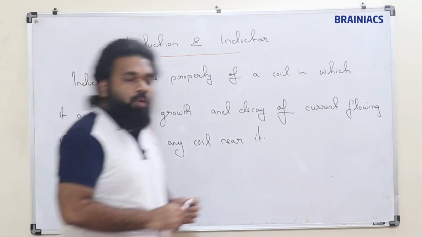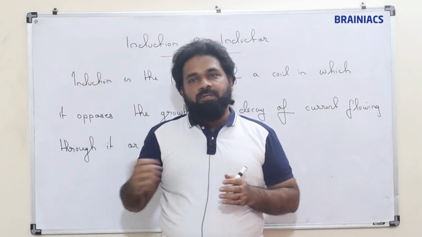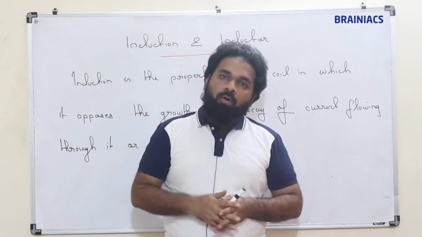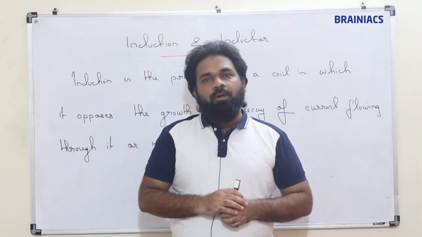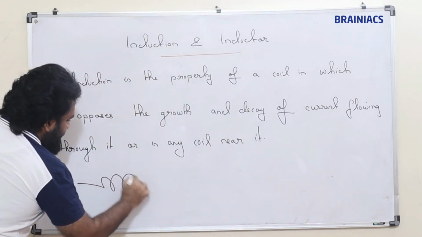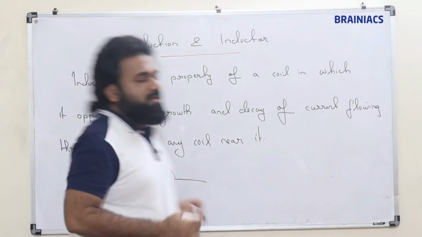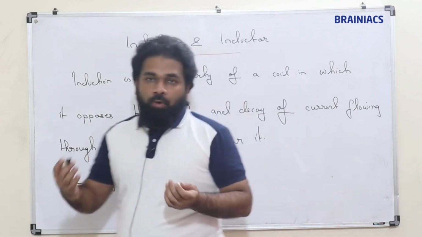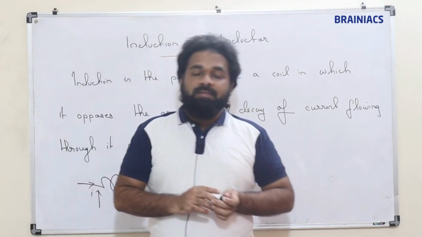Now what they are saying is, this induction is the property which opposes the growth and decay of the current in that coil or in any other neighboring coil. In short, suppose we pass current through an inductor and this current is not constant, suppose it is growing, meaning the current value is increasing.